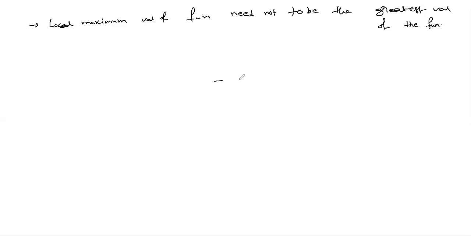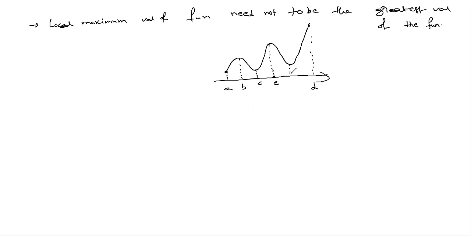If you see the graph like this, from interval A to D, here you can see, if you consider this is B, at B you can observe local maxima, at C you can observe local minima, at E you can observe local maxima, at F you can observe local minima.